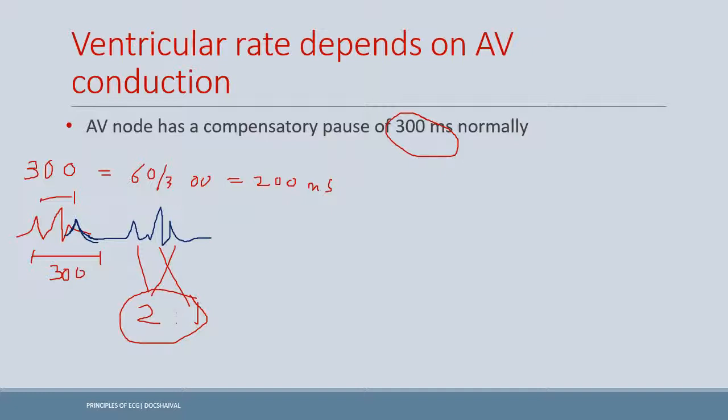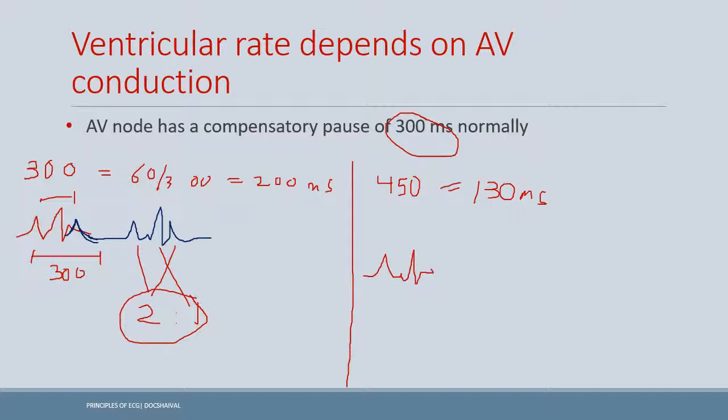Now let's imagine the atria are beating at around 450 beats per minute. So what would be the milliseconds for the next beat? It would be about 130 milliseconds. And so let us draw it again. We have our P wave followed by our nice QRS complex.